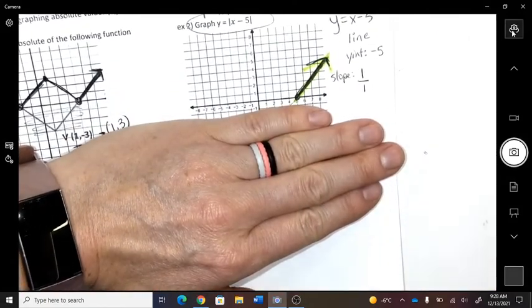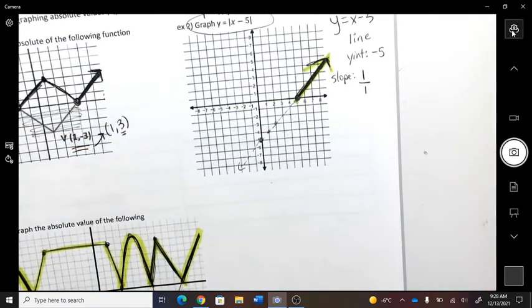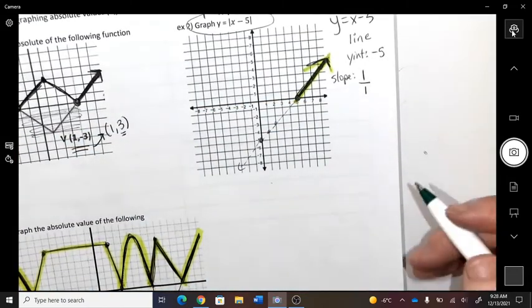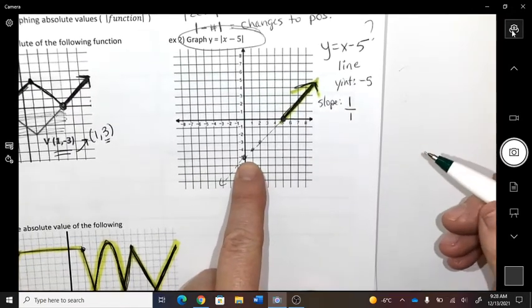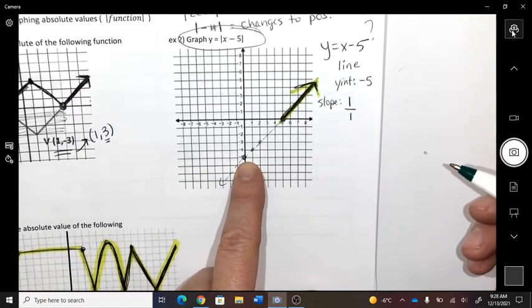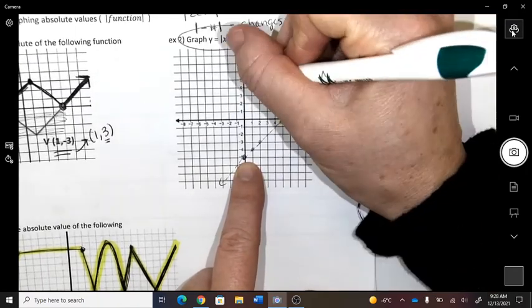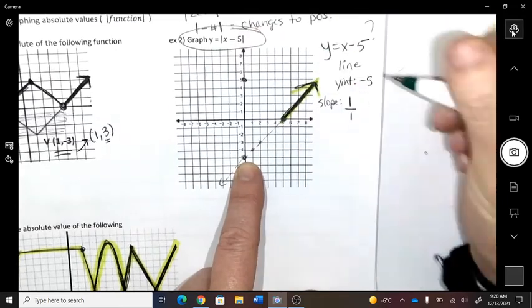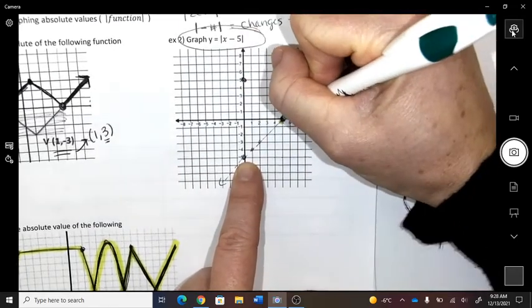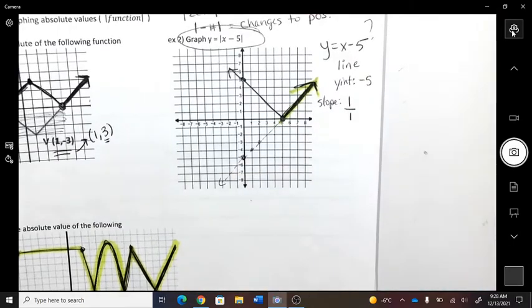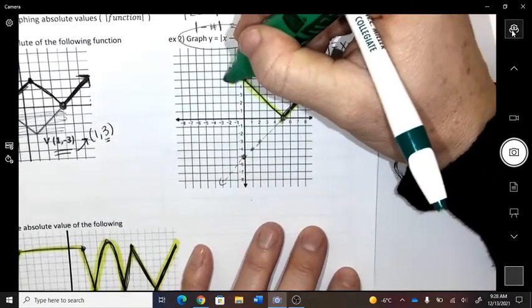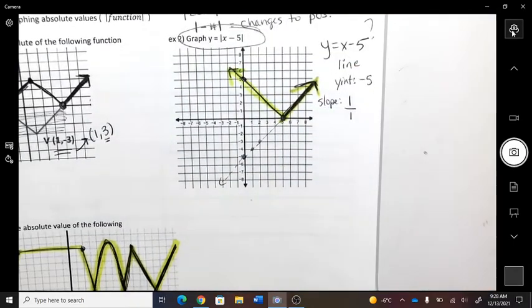Okay, what about the part of the line that had been below the x-axis? So for instance, this coordinate 0, -5, where will it be moved to? Should go 0, +5. So then that would be my final graph.